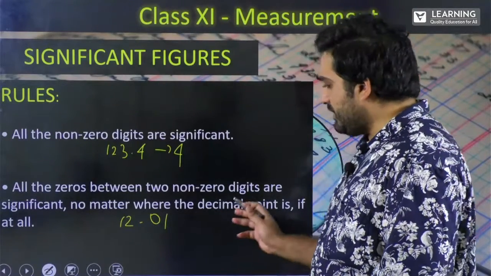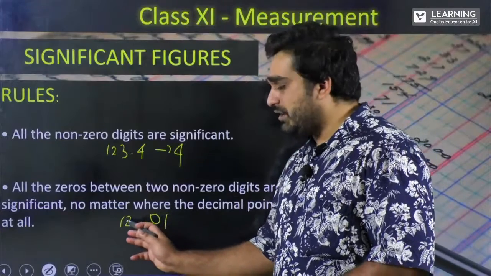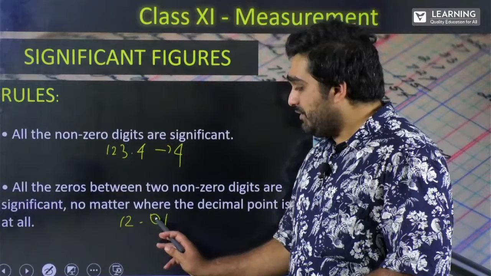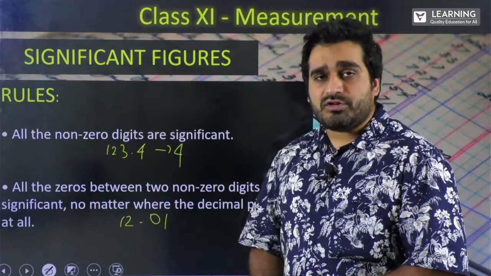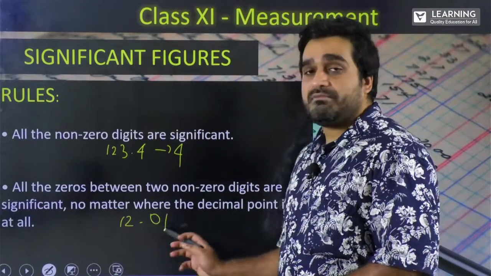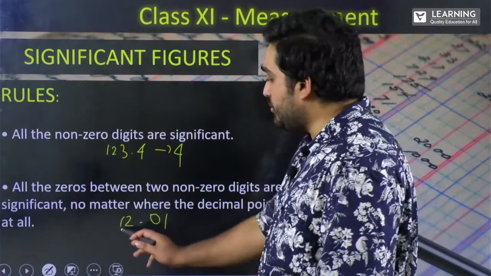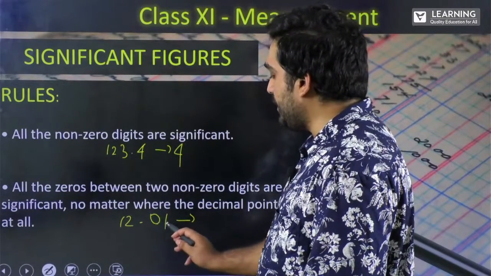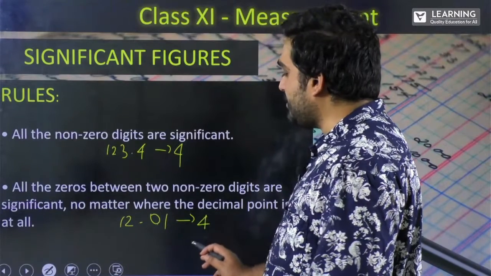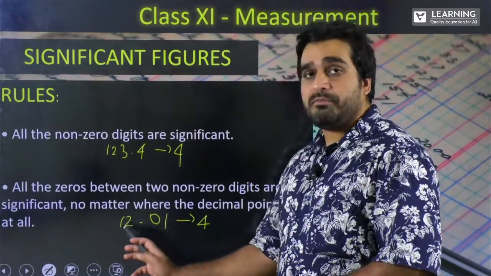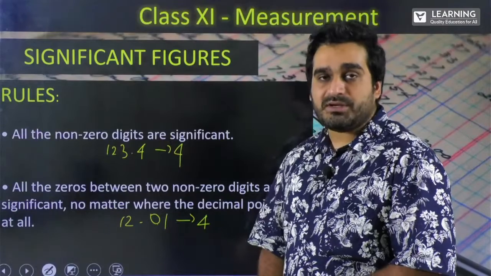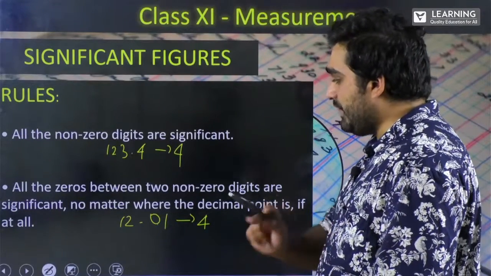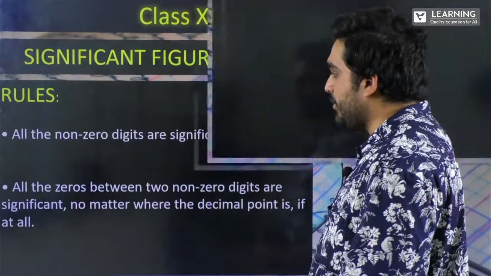No matter wherever the decimal is placed, if there's a 0 between two non-zero numbers, then it is significant. So how many significant digits? 1, 2, 3, 4. And why did I count the 0? Because a 0 between two non-zero numbers is also significant. So that's rule number 2.